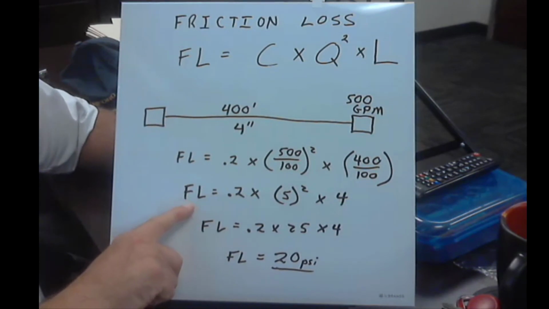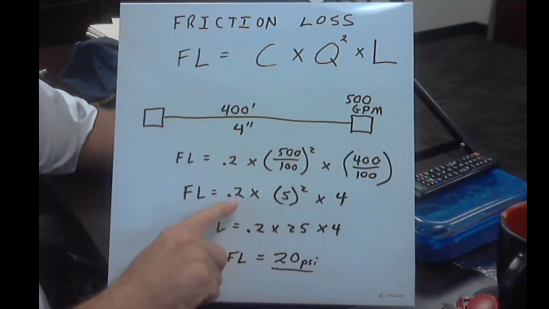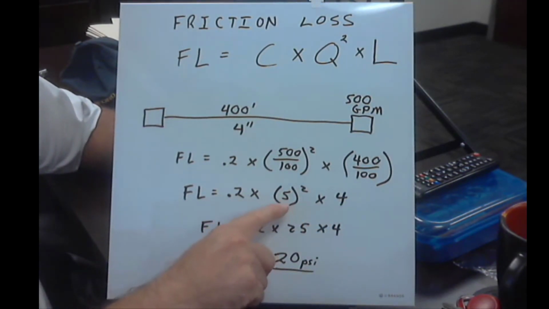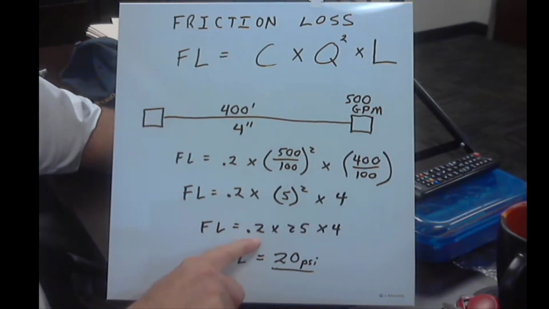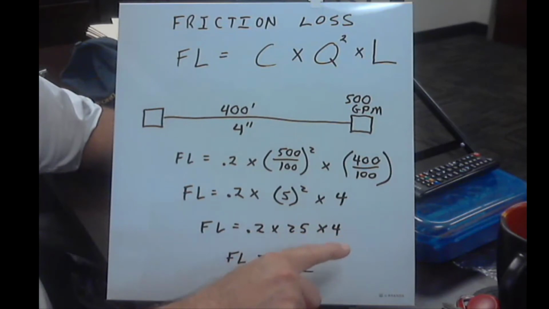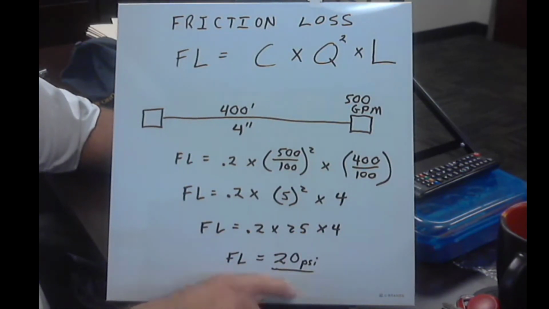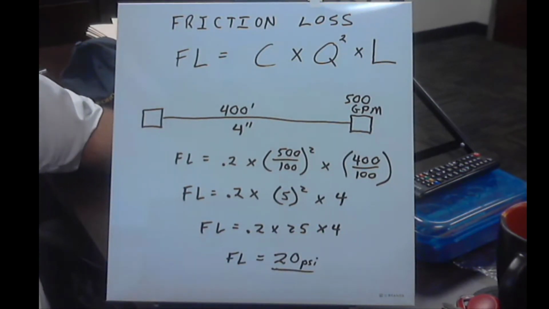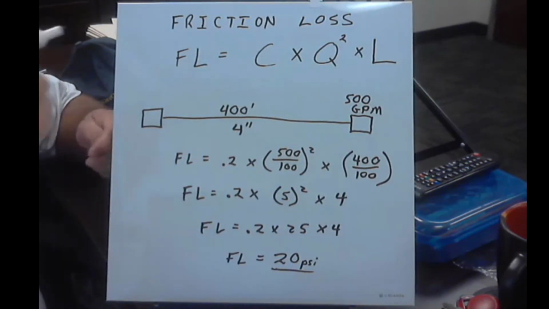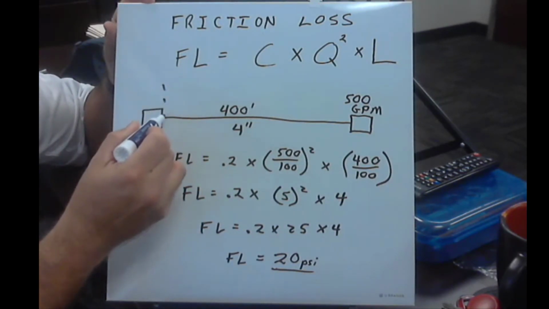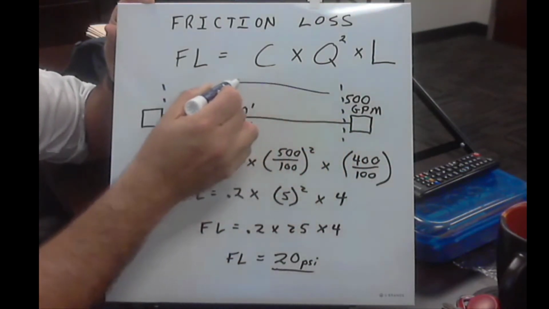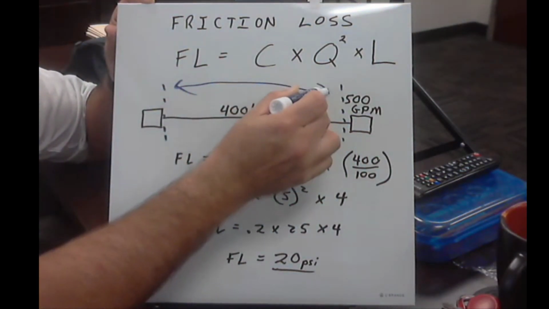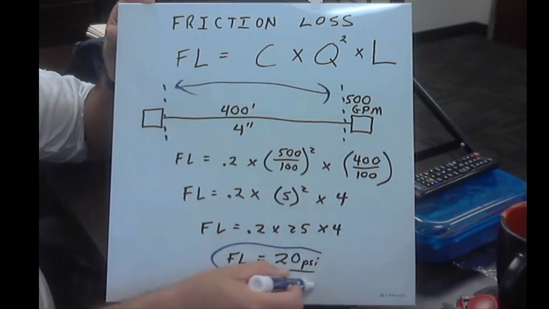That brings us down for even more simplified. 0.2 times 5 squared times 4. Simplify, 0.2 times 25 times 4. And that comes out to be, after we run the calculation, to 20 psi. So in order to push 500 gallons a minute through this hose line here, I would need approximately 20 psi to do that.